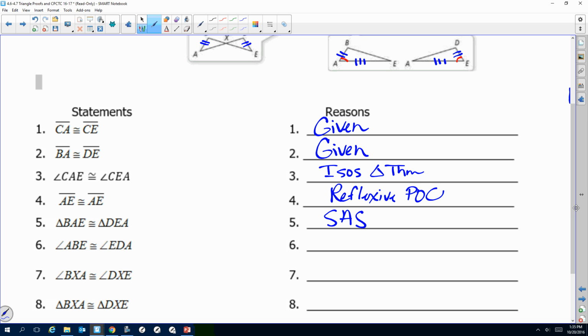Well, in statement 6, it says if the triangles are congruent, then angle ABE, and I'm going to put that in green, AB is this angle here, and angle EDA, that's that angle there, are congruent. How do we justify that? We just added another part.